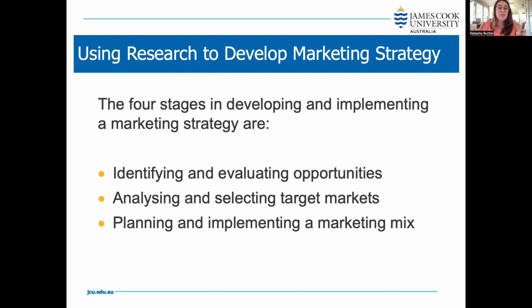So for example, we do product research where we evaluate our existing product lines and maybe look at potential new product lines that we're going to implement. We might do some pricing research where we can learn the ideal price level for our product. We might do distribution research where we're going to identify the most efficient and practical distribution network. Or we may do promotion research where we investigate the efficiency of different promotional tools.